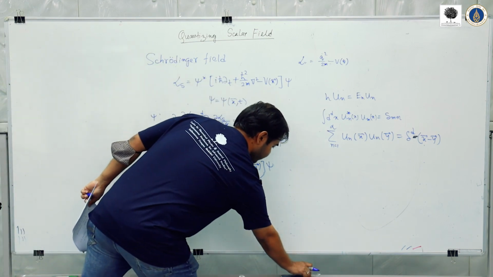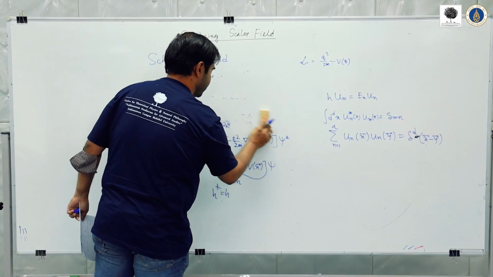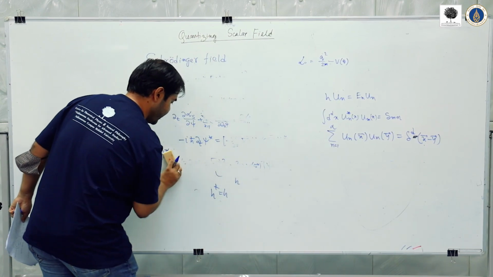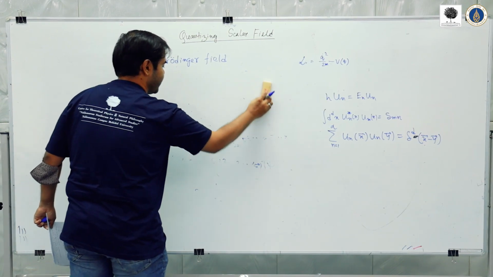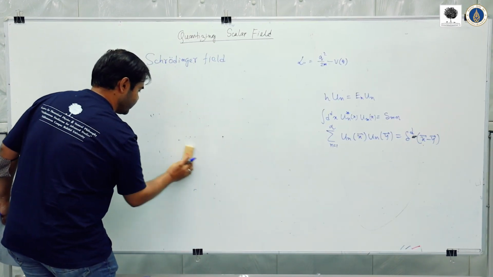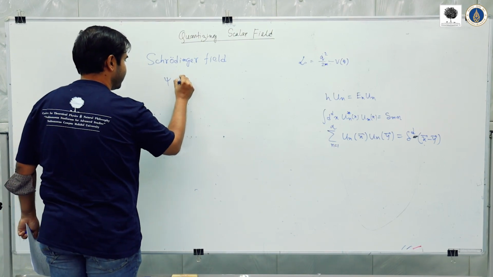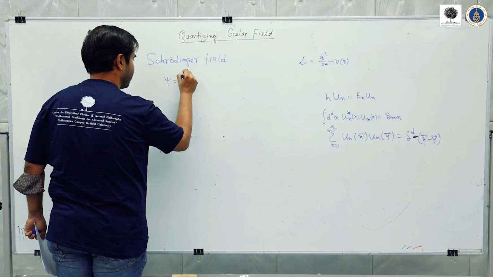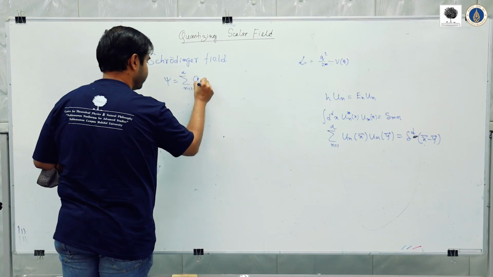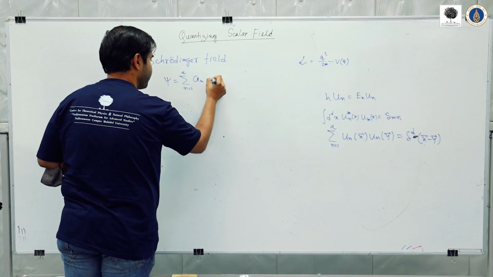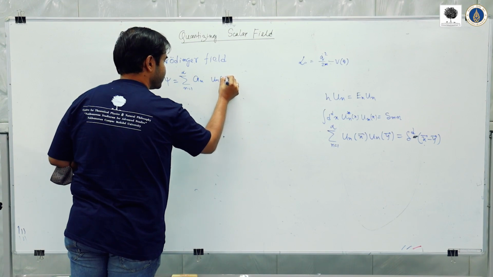From there we can immediately say that this Schrodinger field psi is a linear combination of these single particle wave functions. That means this psi can be written as a sum, n going from 1 to infinity, of a n times un of x.